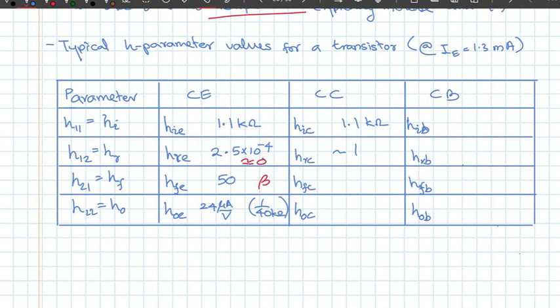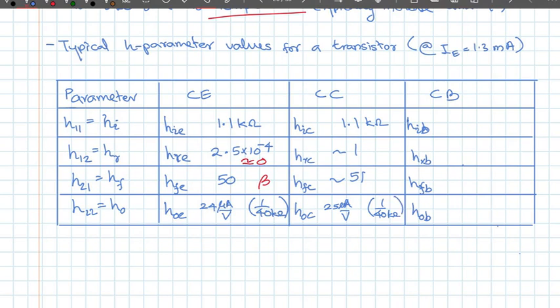HFC is in the range of, again, this is the current gain, about 51, and HOC again similar to the previous one, about 25 microamperes per volt. So it's like again 1 over 40 kilo ohms.